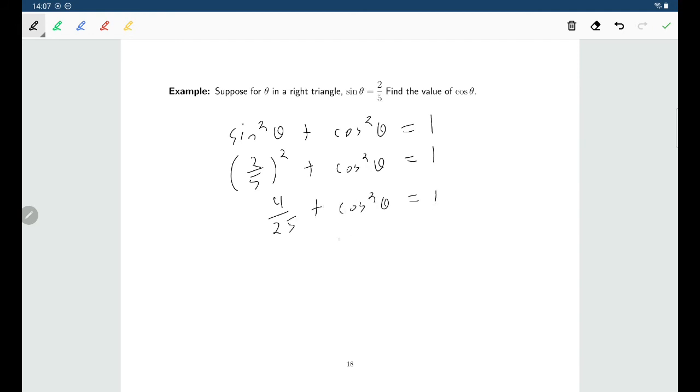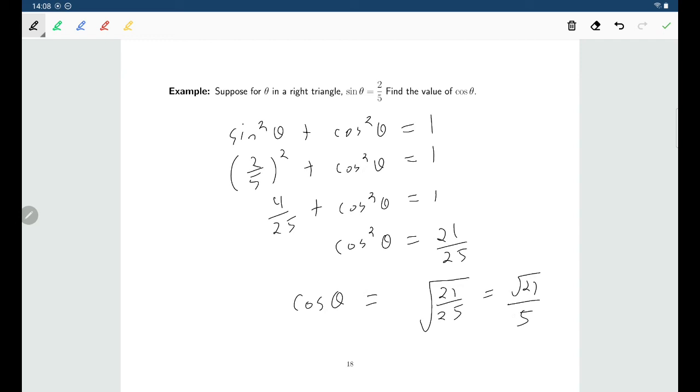I'm just going to bring that 4/25 to the other side. 1 minus 4/25 is 21/25. And now if I want cosine of theta, it should be the square root of 21 over 25, which is root 21 over root 25, which is just 5.